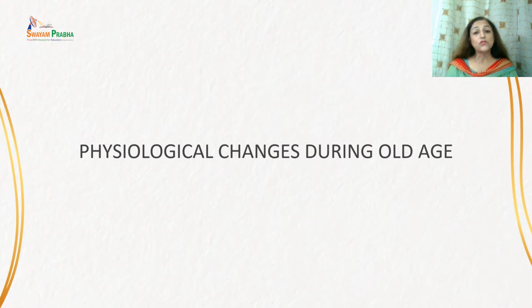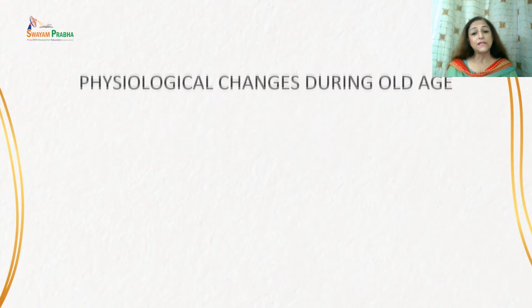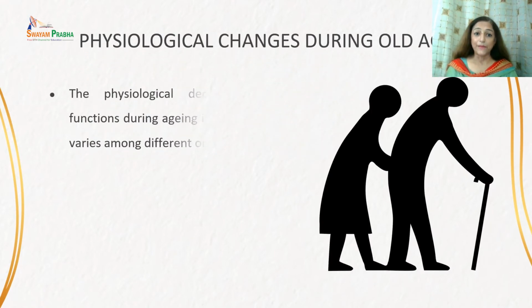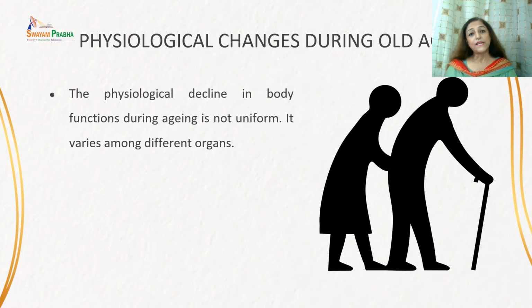When we talk about changes, there are physiological changes. These are the changes which happen when the body functions are affected. Along with that, there are physical changes and psychological changes. The physiological changes decline with aging, and these changes in the body functions are not uniform in nature.